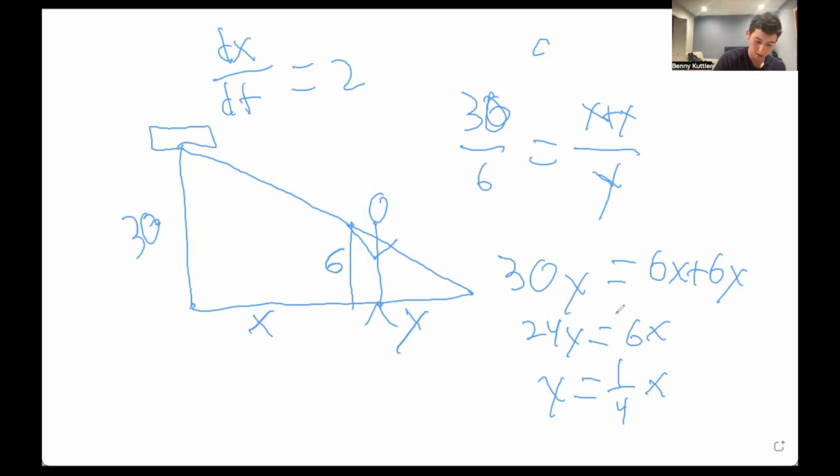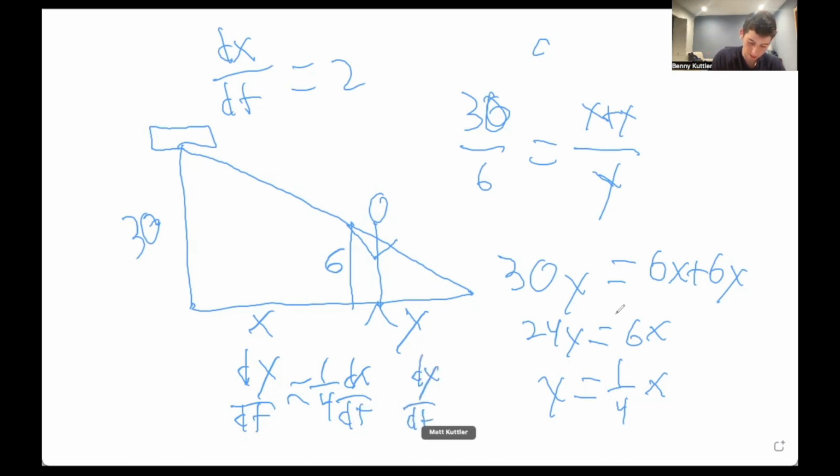So we have dy/dt equals 1 over 4 dx/dt. Now, if we look at our given variables, we have dx/dt equals 2. So dy/dt equals 1 over 4 times 2. Or actually, it would be negative 2 because we're walking. No, it would just be 2. 2 times 1/4 is 1/2. So this is the rate of change of this width right here of the shadow. It's not a good drawing, but that's the width of the shadow, and we're looking for how fast it's changing.